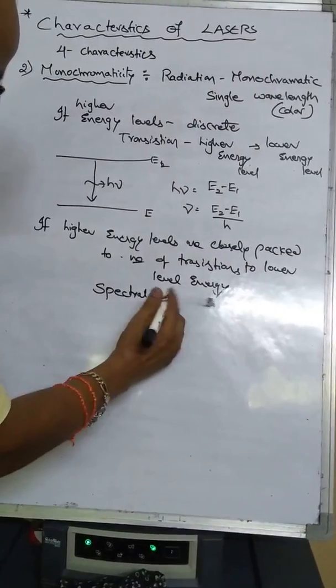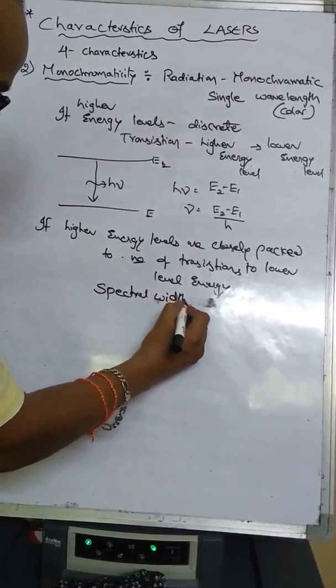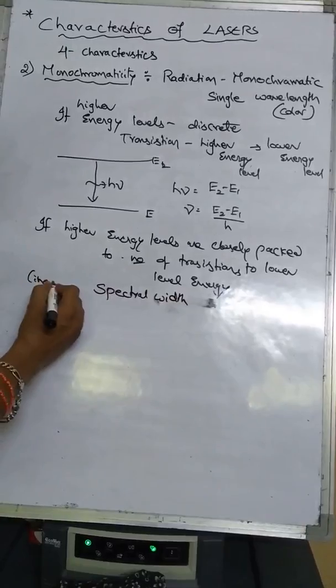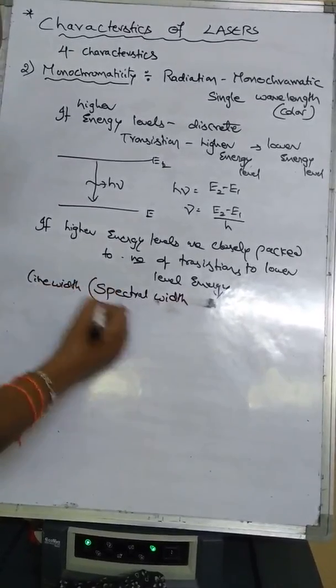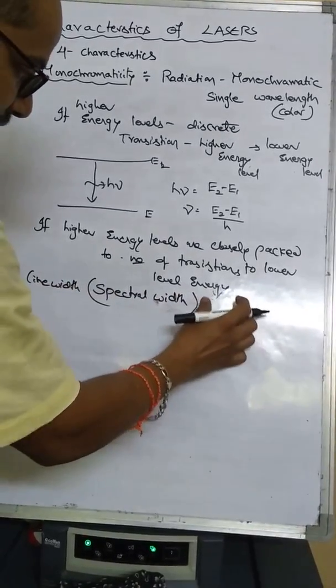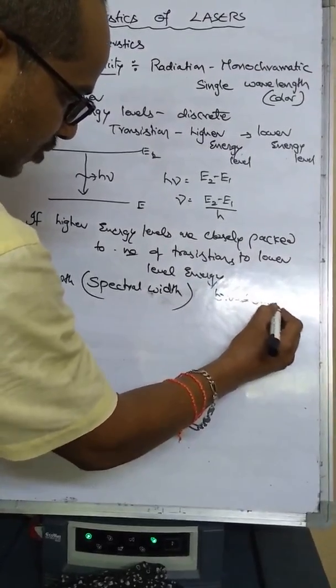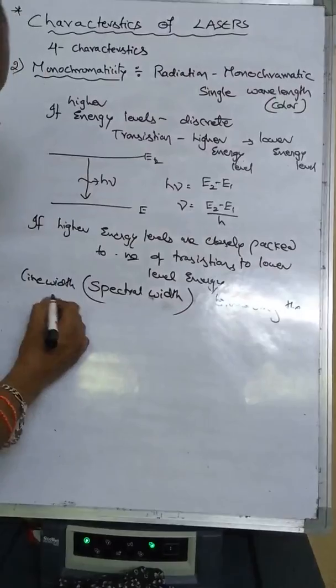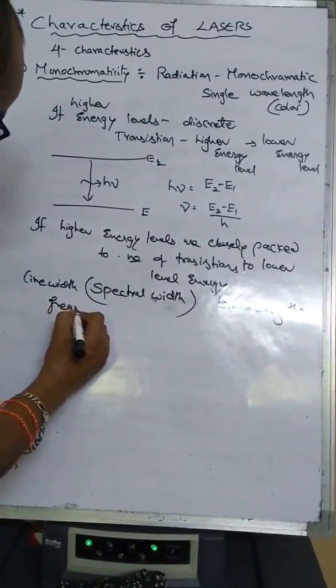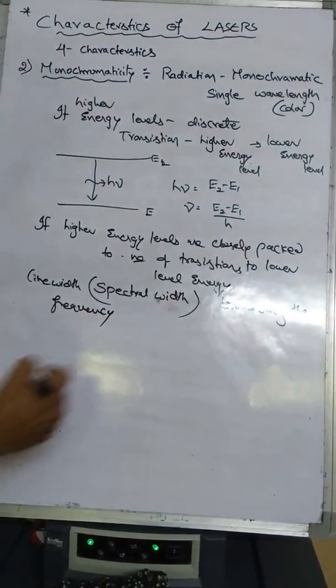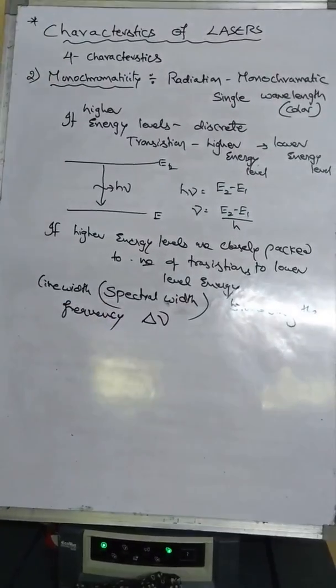These two words, spectral width and line width, specify the broadening of frequency, denoted by delta nu.